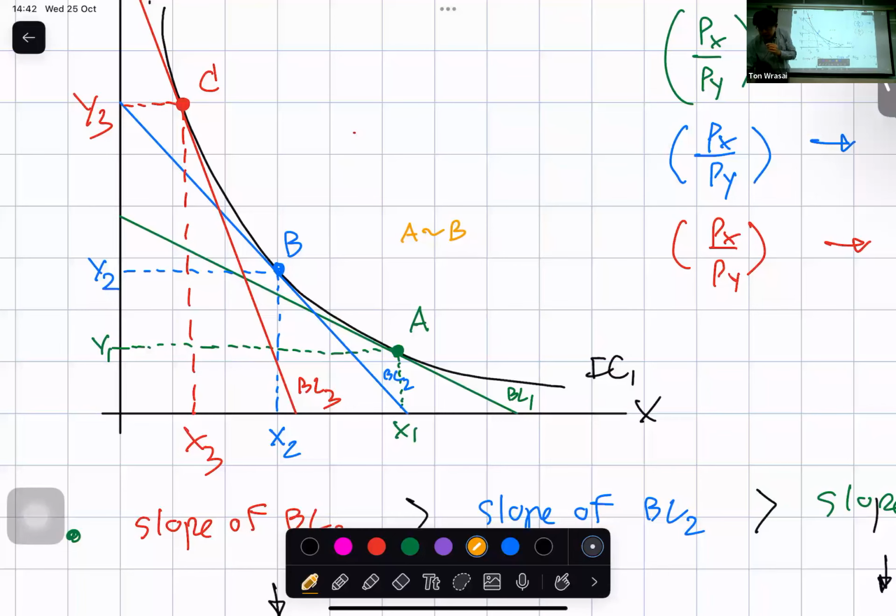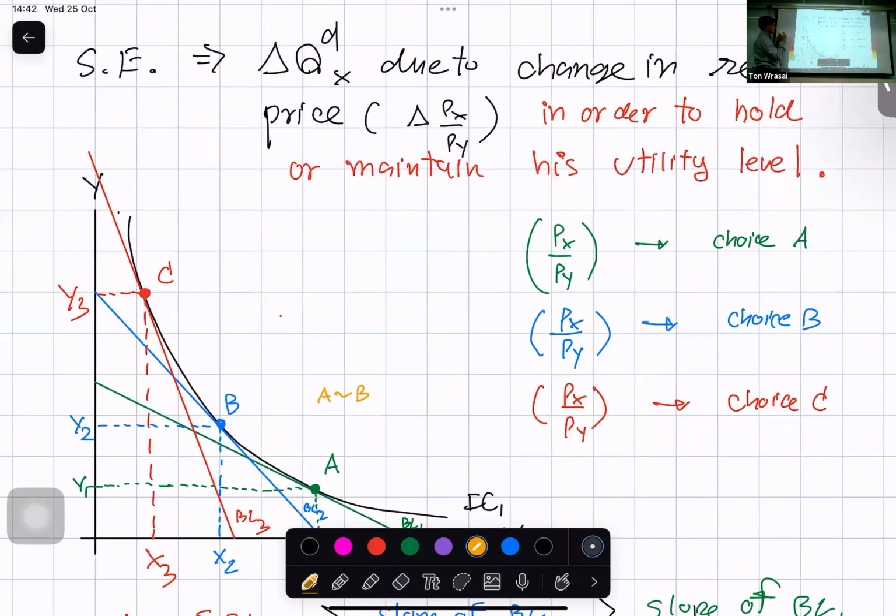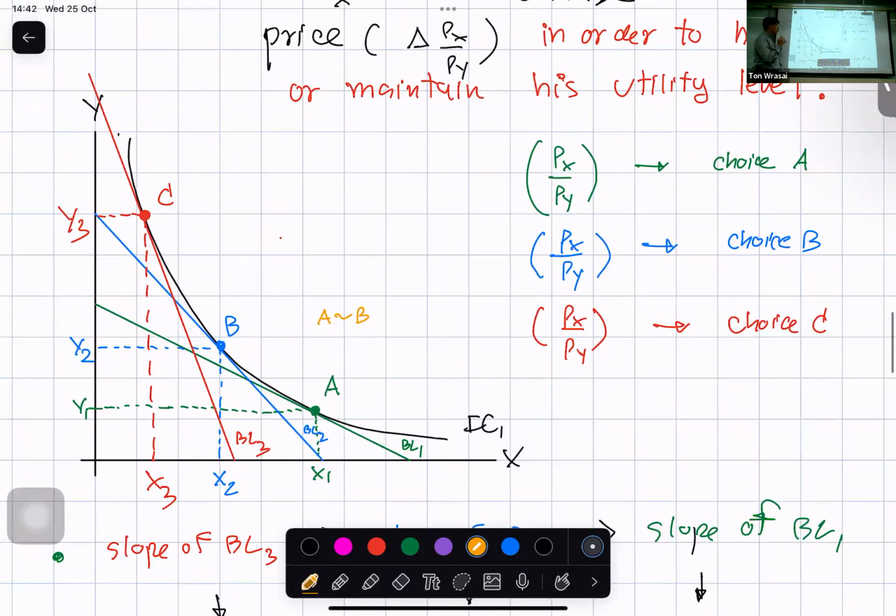That's the definition of the substitution effect. That is the substitution effect in action, what he will do to maintain his utility. All right, explained by this diagram. When budget lines twist like this, it's about relative price change, like we discussed here.